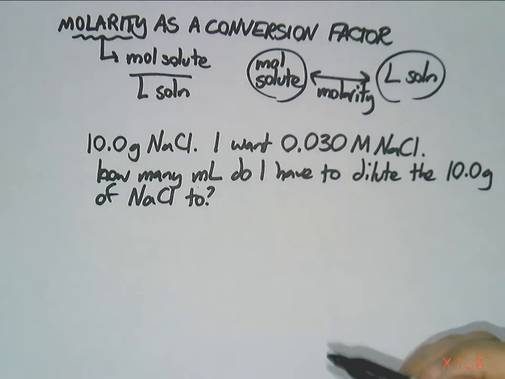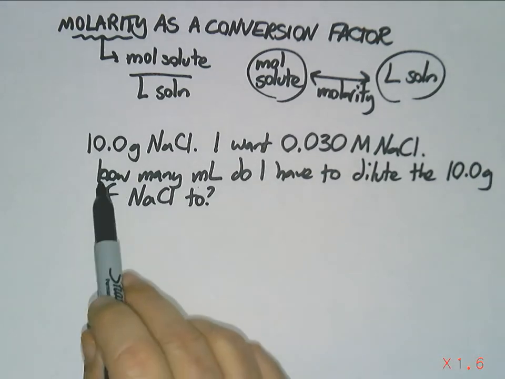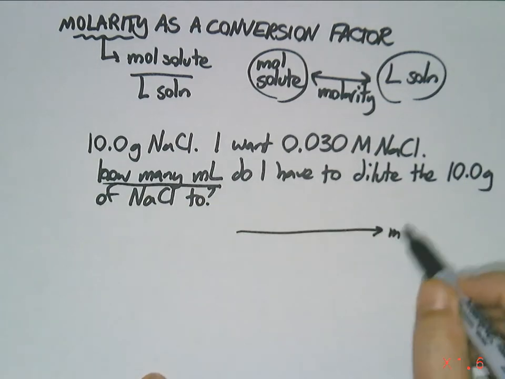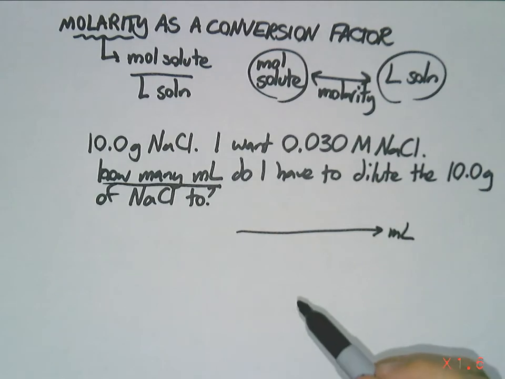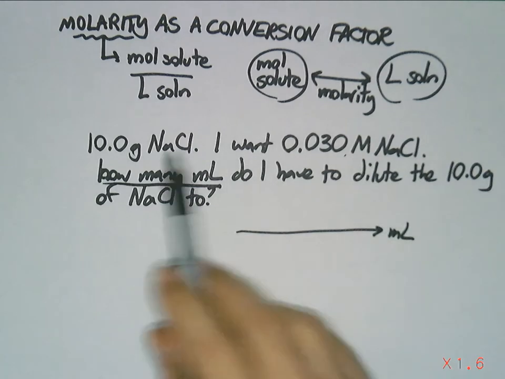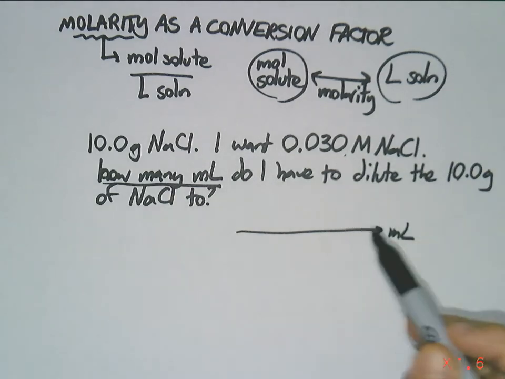Alright, all of these are just unit conversion problems. Let's pick out what our target is. How many milliliters? So I'm trying to get to milliliters. That is not a fraction, so I want to start with something that's not a fraction. Now when I look at the two numbers that I have to work with, 10 grams and 0.030 molar, this one is really a fraction.